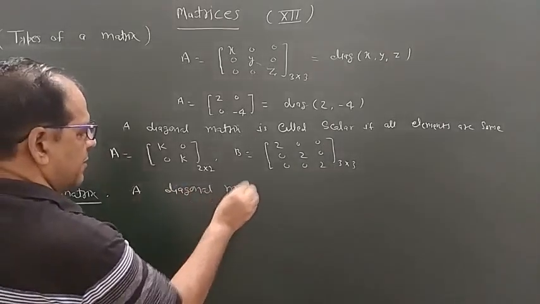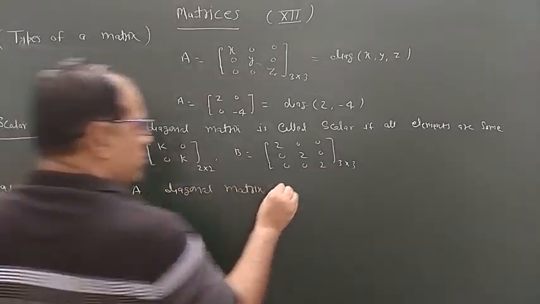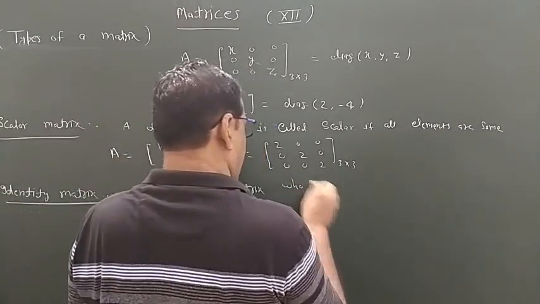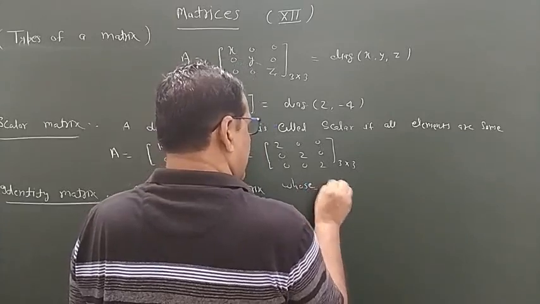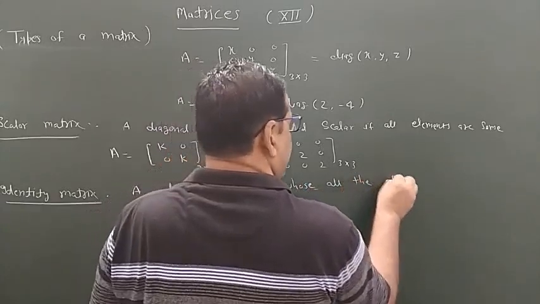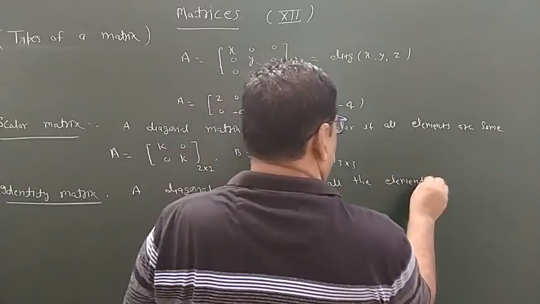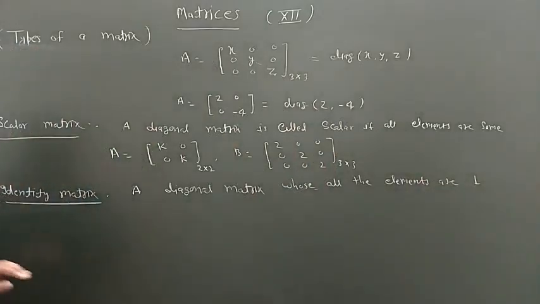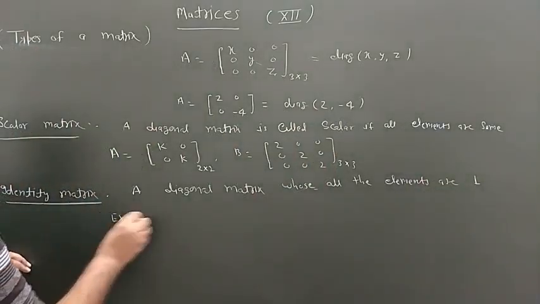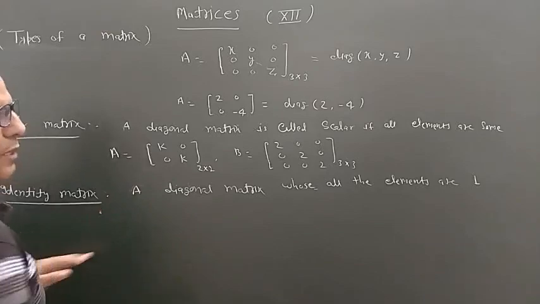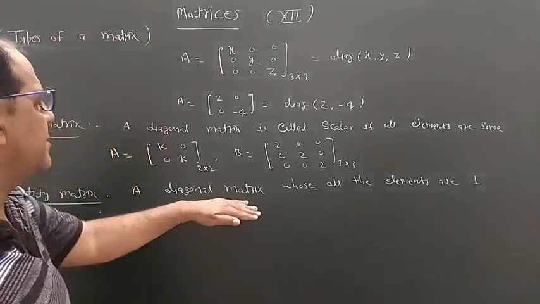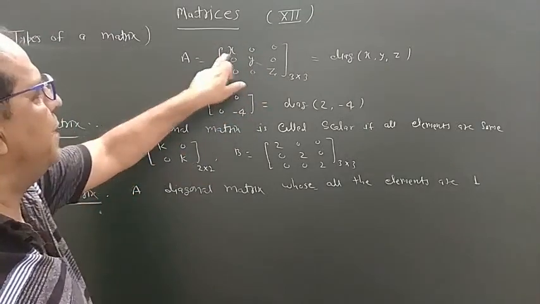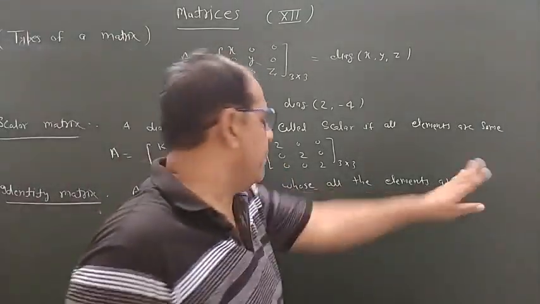A diagonal matrix whose diagonal elements are all 1. In a diagonal matrix all the elements are 0 except the main diagonal, so we have only main diagonal elements, and these elements are 1.